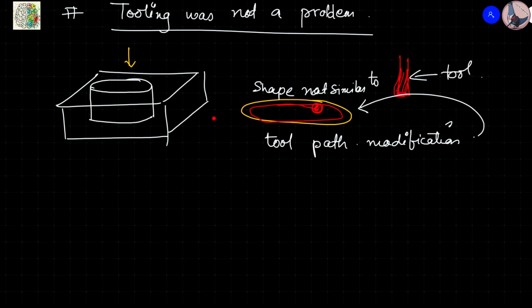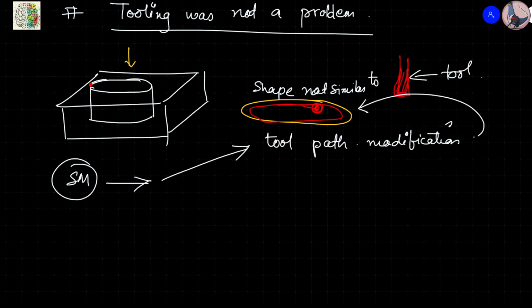Okay, so tooling was not a problem in subtractive manufacturing either, because the tooling problem is sorted out by tool path modification. In subtractive manufacturing, this problem of tooling was generally tackled by making modifications in the tool path, whereas in additive manufacturing tooling will have no such problem.